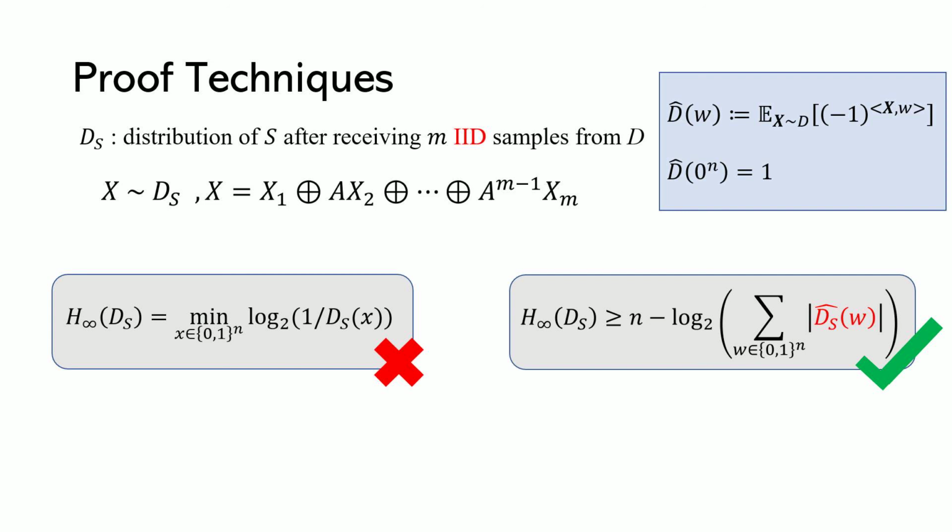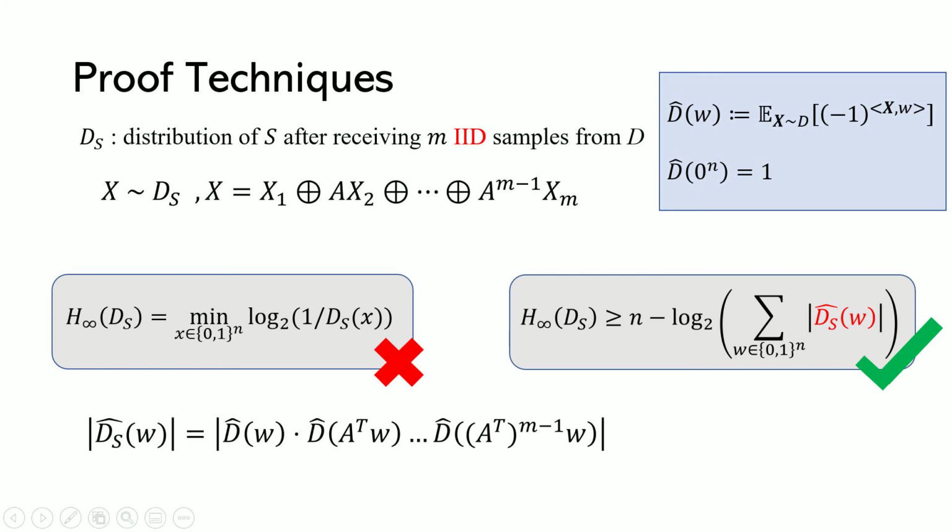In the slide, ds w hat means the Fourier coefficient of ds at vector w. Since we use RID samples, each Fourier coefficient of the compound distribution ds can be decomposed into a product of multiple Fourier coefficients of the input distribution d, which makes the computation feasible.